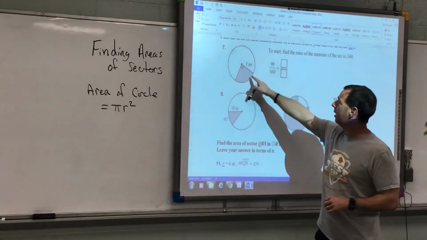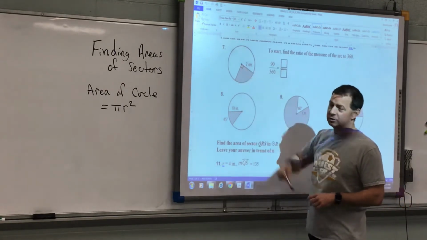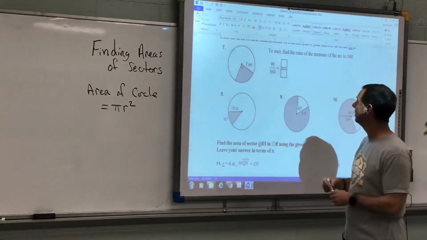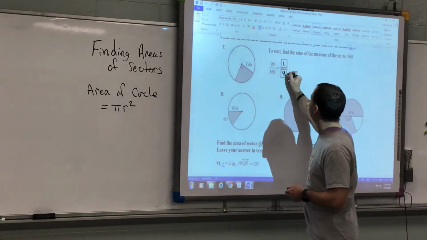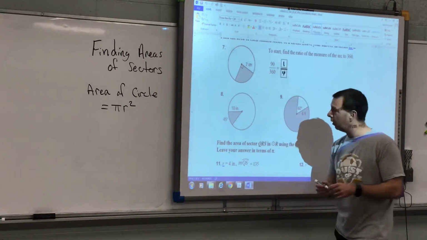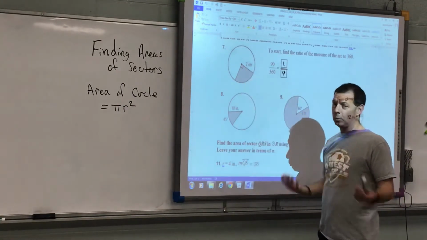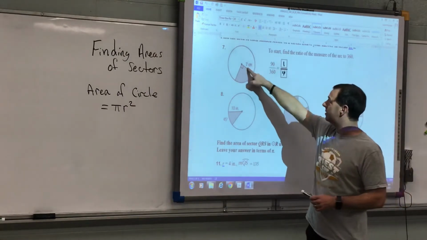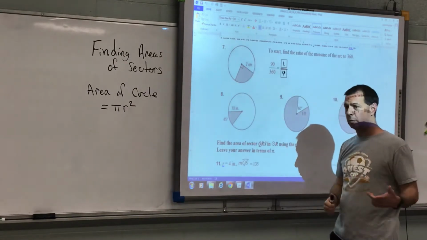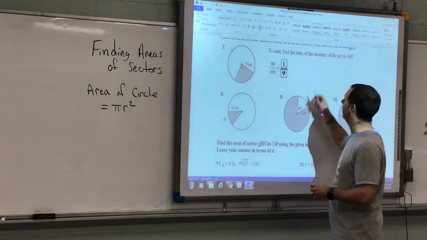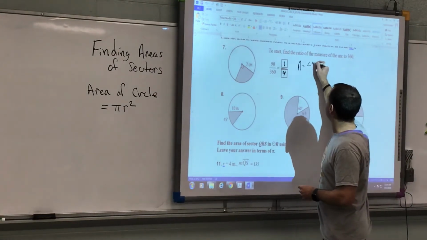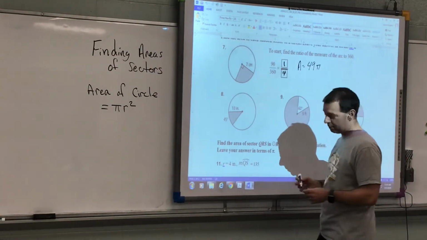As we look at this one right here, we have 90 degrees. If the central angle is 90 degrees, we know that is 1/4 of the circle. If we know the radius of the circle, we can find the area. If the radius is 7, then we know 7 squared times pi, so the area of that circle is 49 pi.